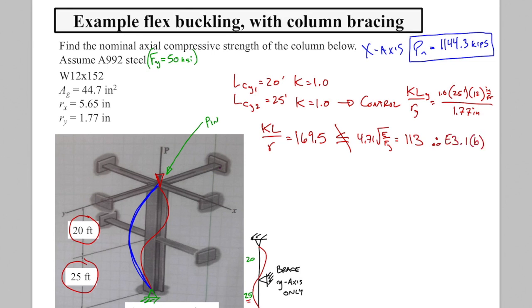E3.1b, right? So F critical is equal to 0.877 times F Euler. And we found out the F Euler from before. Oh, can we use that one? No, we can't use F Euler from before because we have a different K over R value. So don't fall into that trap. Pi squared, Young's modulus, over 169.5 square.